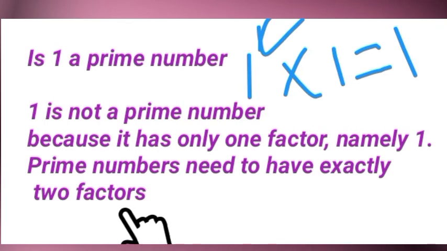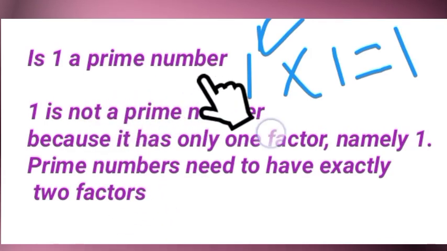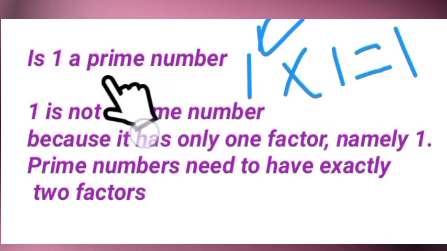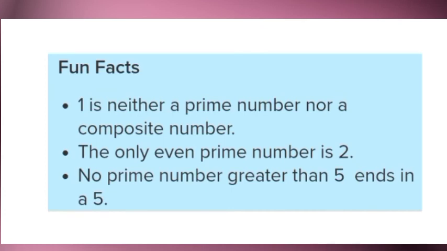If a number has 2 factors, we can say that it is a prime number. It has only 1 factor. So 1 is not a prime number. Let us remember that 1 is neither a prime number nor a composite number.